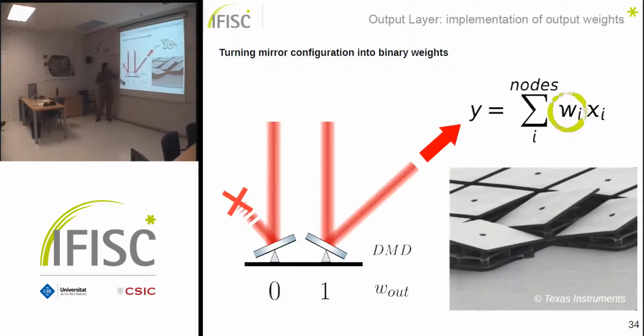In this case, the weight would be 0. If the light hits a mirror that is tilted towards the continuation of the output layer, the light will contribute to the output of your reservoir computer. So with light, your output weight will be 1. With this scheme, we can implement Boolean output weights, so they can be 0 or 1.